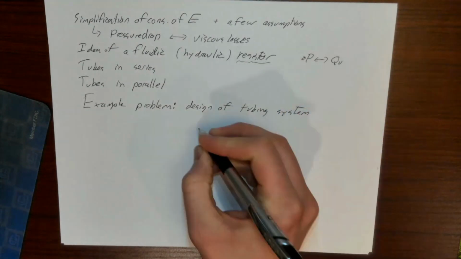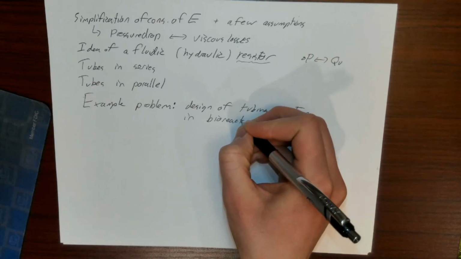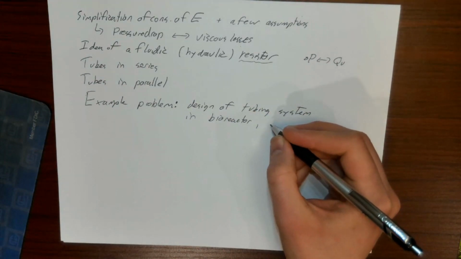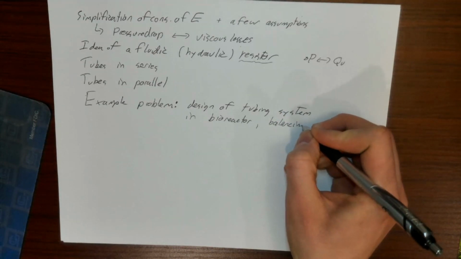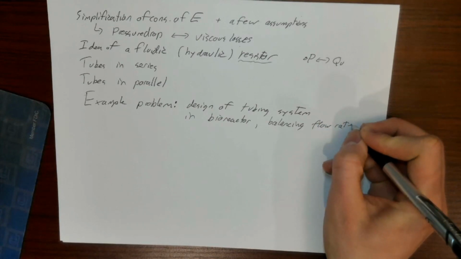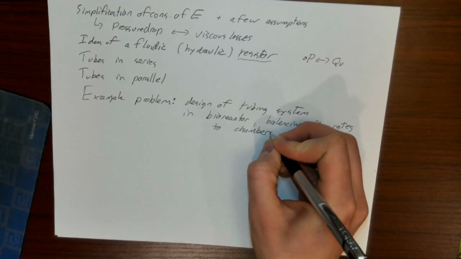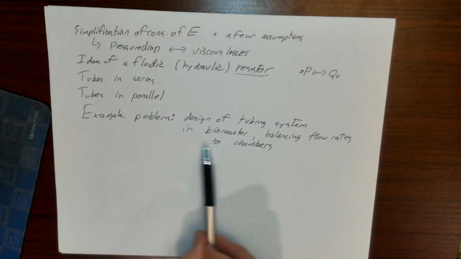So it's the design of a tubing system in a bioreactor, with the goal of balancing flow rates to two separate growth chambers. So that's the plan.